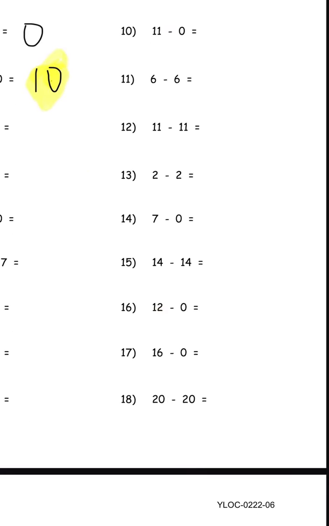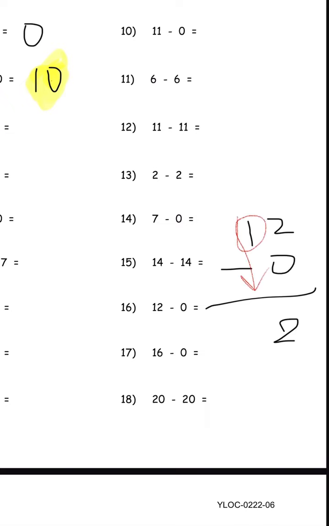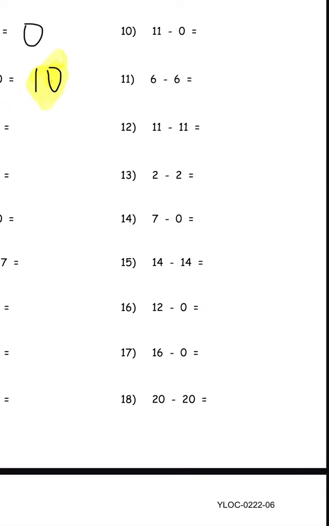And again, 12 minus 0. What's 2 minus 0? It's 2. And this one comes down. So that'll make it 12. So we don't have to do this. We can just know that anything minus 0 is the same number, right?